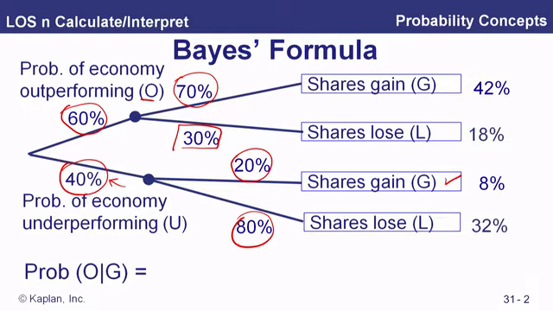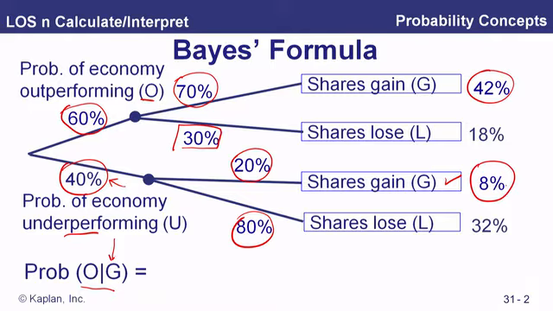So if we look at these joint probabilities, okay, so this is the probability of outperformance and share gains. This is the probability of underperformance and share gains. So we want the probability of outperformance given that there are share gains. So this is really working backwards. So what we're saying is, well, what if you knew that the shares gained?